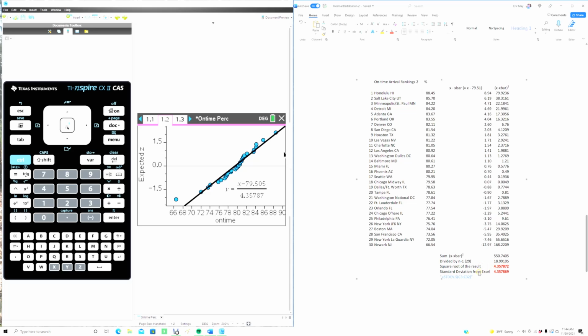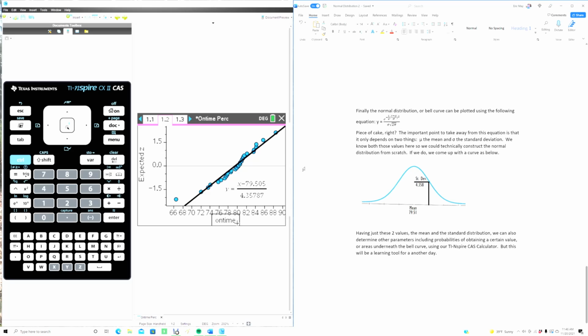We can get that same result from Excel using the formula down below here, equals STDEV.S of the range C3 to C32 on your Excel spreadsheet, and you get the same answer, 4.3578 to the fourth decimal place.